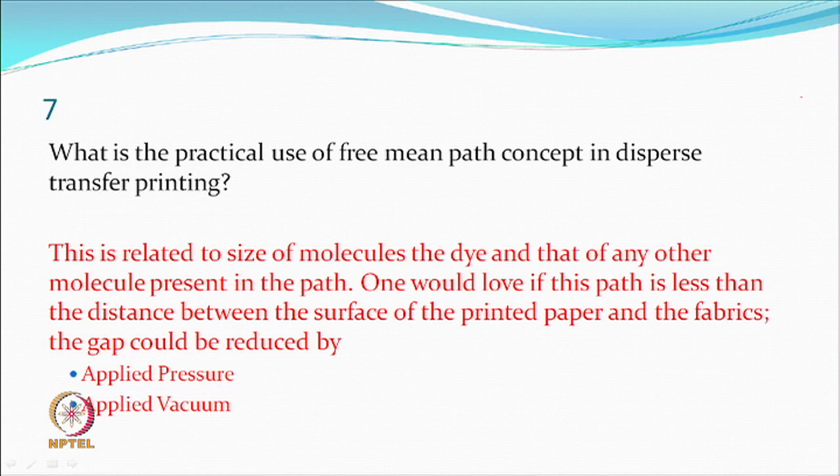Now, you can appreciate that there will be other molecules also, other than dye, in the path. It is not a vacuum. So, other molecules are there, it can strike them also. Their molecular weight may also be different. So, theoretically one would be interested in finding out what kind of molecules are there and what are their sizes.